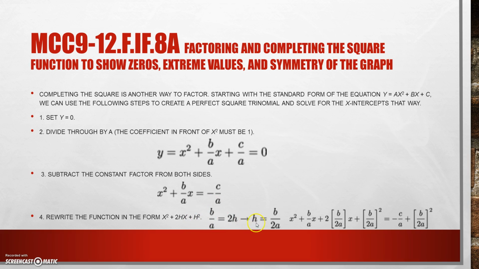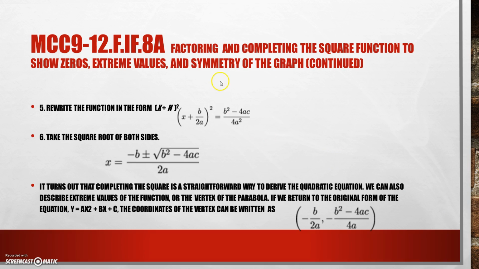So b/a equals 2h, so h equals b over 2a, and then this is another form. x squared plus b/a x plus something. Next, step 5, we write the function in the form (x plus h) squared. (x plus b/2a) squared equals (b squared minus 4ac) over (4a squared).